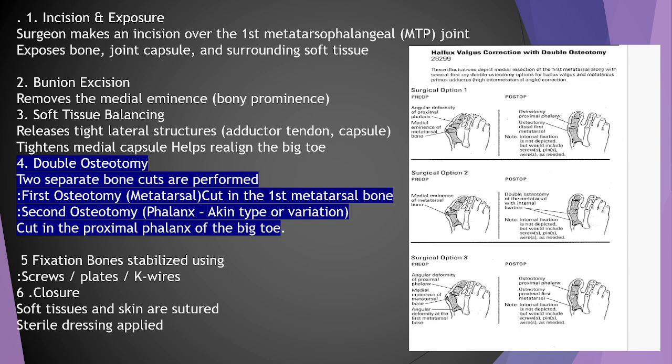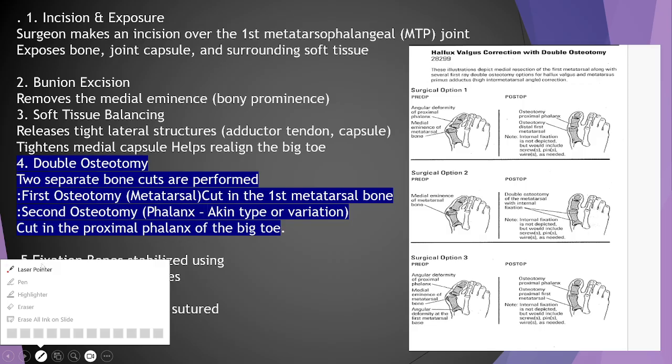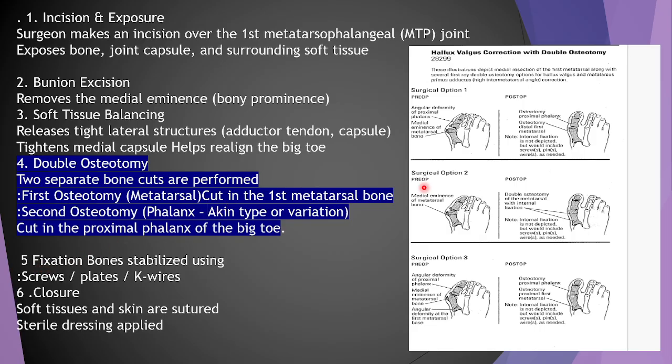The main procedure, the double osteotomy, means two separate bones are cut. The first osteotomy at the first metatarsal bone, and the second osteotomy at the phalanx, that is the Akin type of procedure. After that the fixation is done using screws or plates, and closure is done. It means the double osteotomy means a double cut: first osteotomy in the metatarsal, and the second osteotomy in the phalanx.